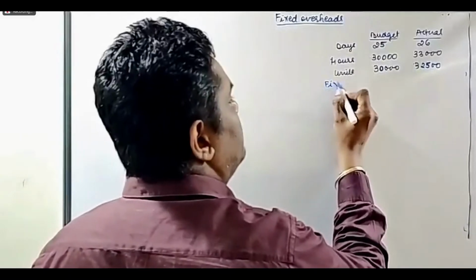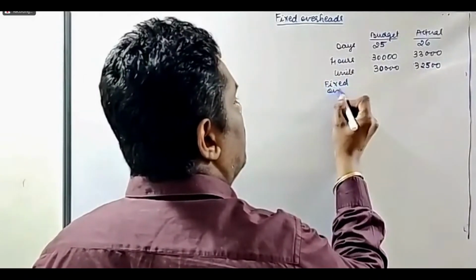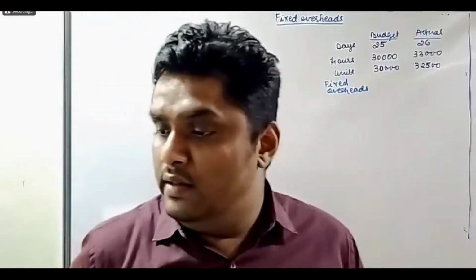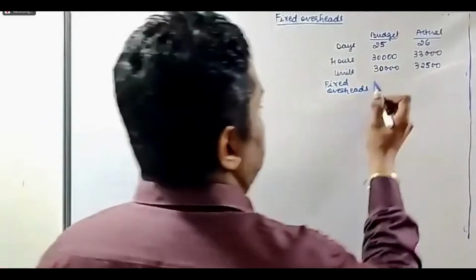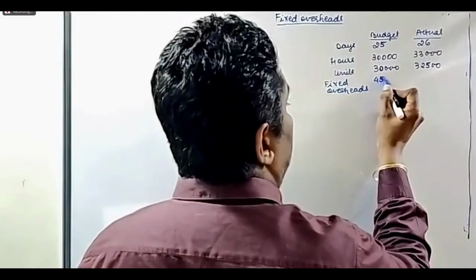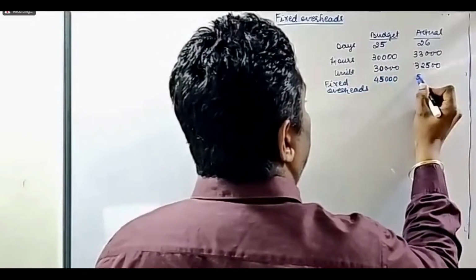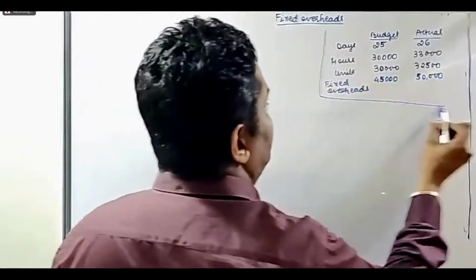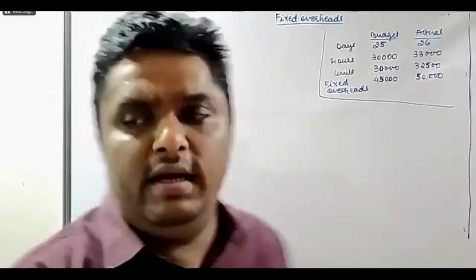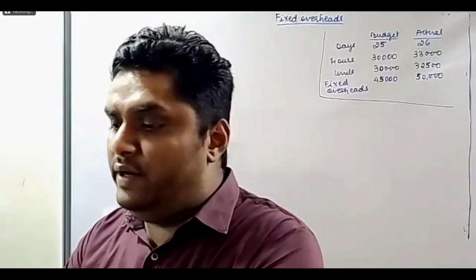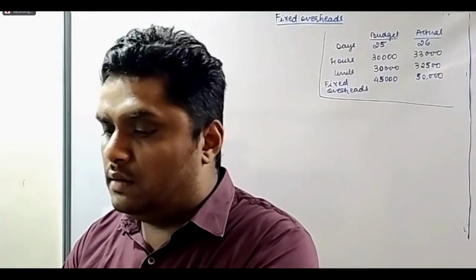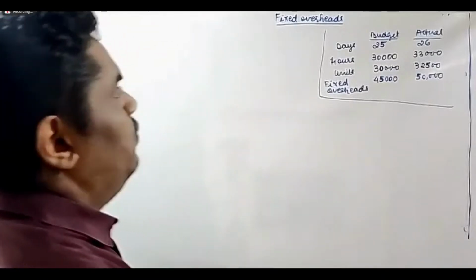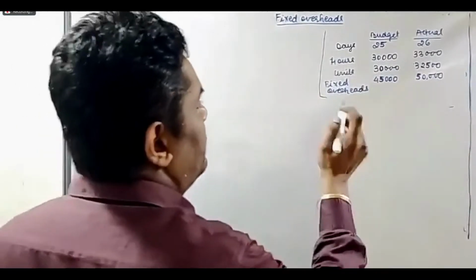And let's say fixed overheads are given, that is 45,000 and 50,000. So this much data is given in the question, and with the help of this data, we have to calculate the relevant variances. So let's start with fixed overhead variances.